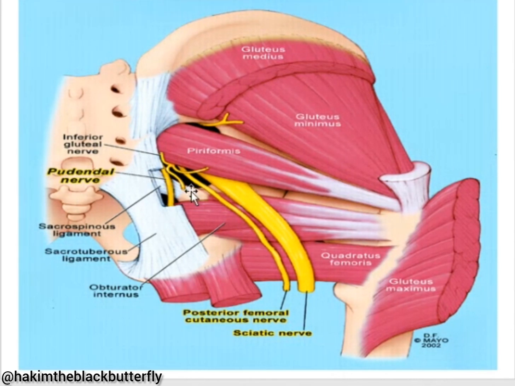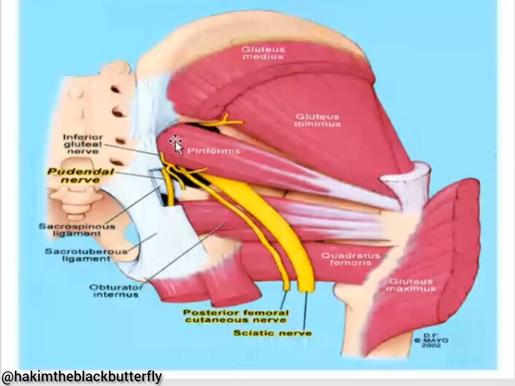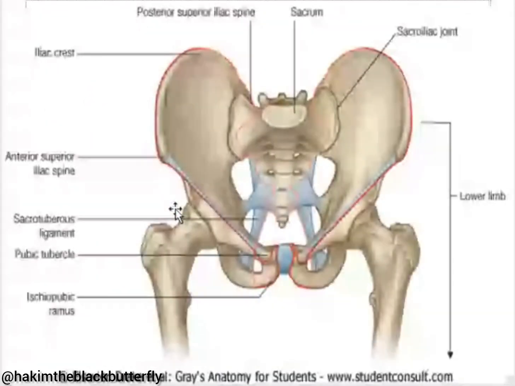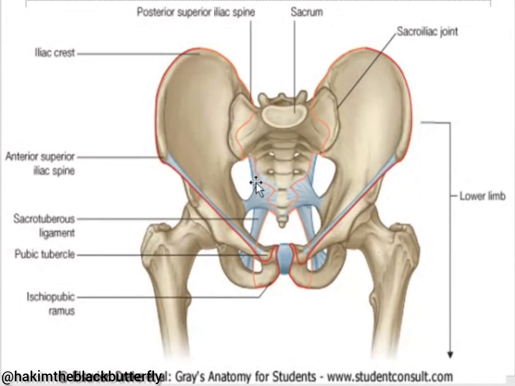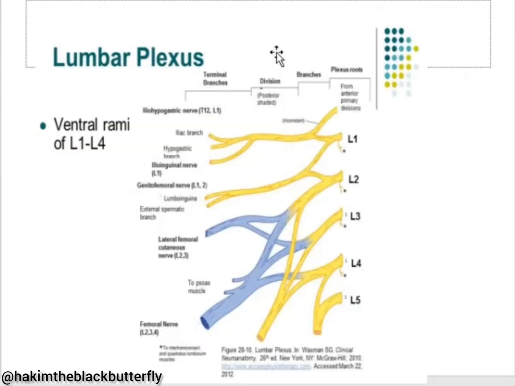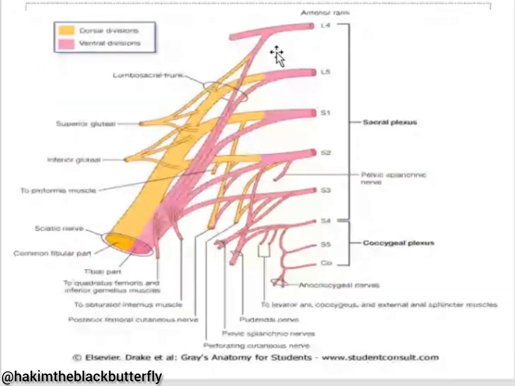But the sacrospinous and the sacrotuberous ligaments convert them into the greater sciatic foramen and the lesser sciatic foramen, as we saw previously. This is the foramen, and this is the front view. So those foramina are very important in the gluteal region.